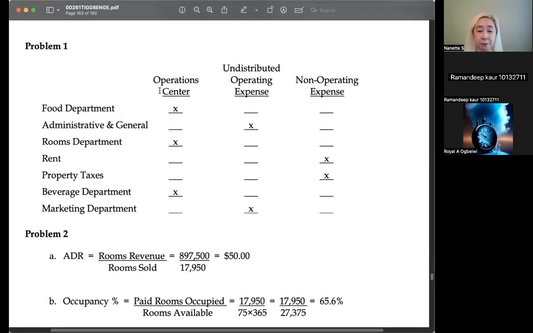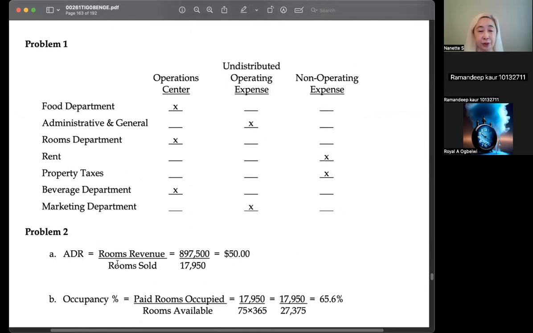Here you're supposed to look for the value of X. So here we're looking for our average daily rate. We get it by dividing the total rooms revenue by the rooms sold. So if the revenue is 897,500 divided by how many rooms you sold, it's $50. So that is your average daily rate.